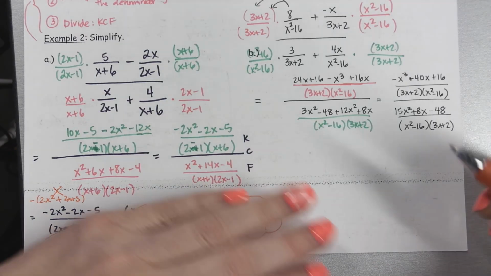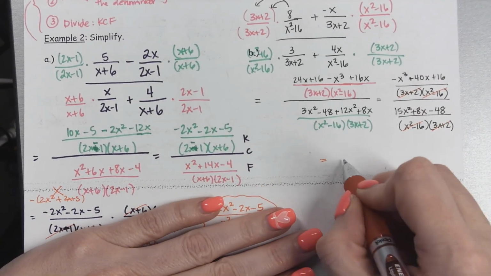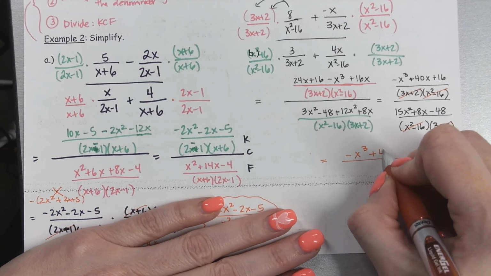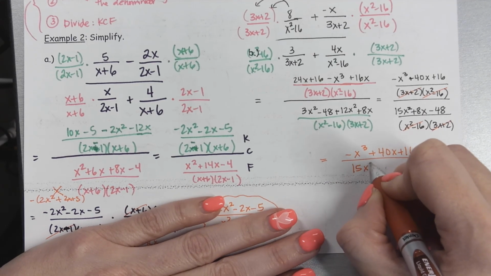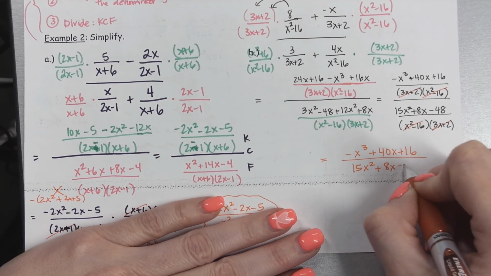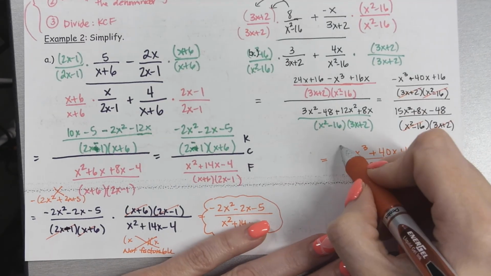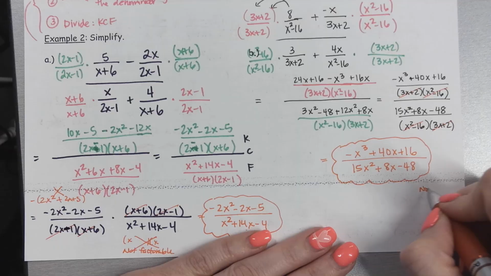They're going to cancel. So if you want to cancel it at this step, that is fine. The numerator is going to be negative x cubed plus 40x plus 16. Okay, and neither of those are factorable. So you're going to leave it just like this.